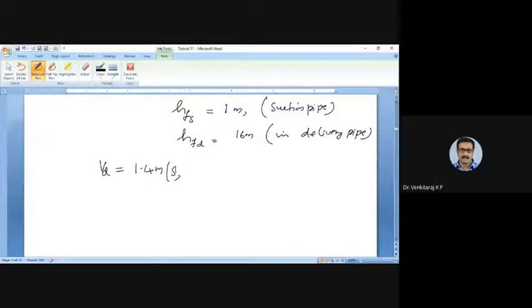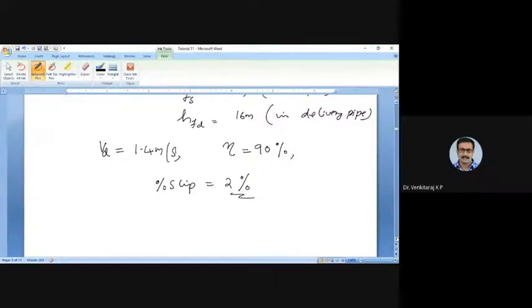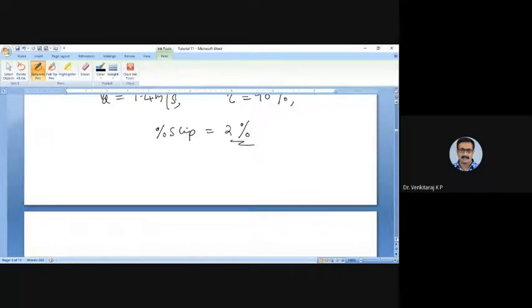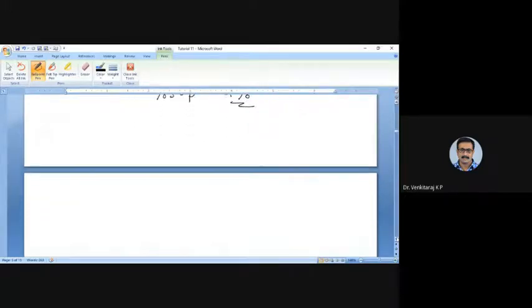Then the efficiency of the pump is 90%. Then percentage slip is 2%.